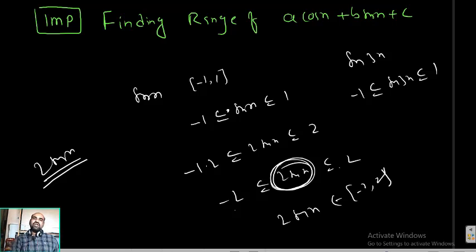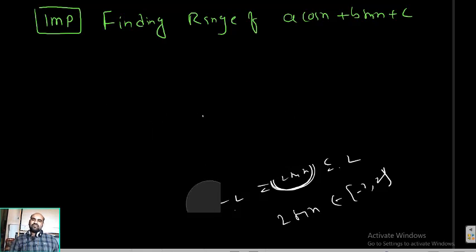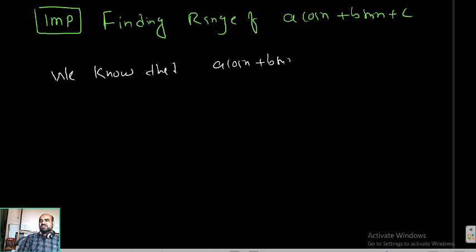Okay. But how to find the range of a cos x plus b sin x plus c? That is important. Okay, I will write now. We know that a cos x plus b sin x equals root over a square plus b square into sin of alpha plus x, for some alpha.